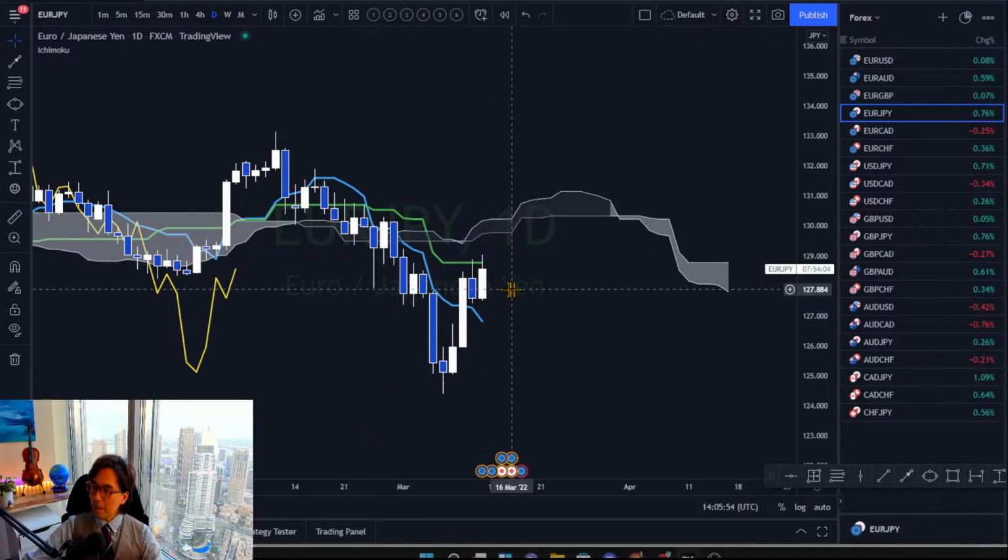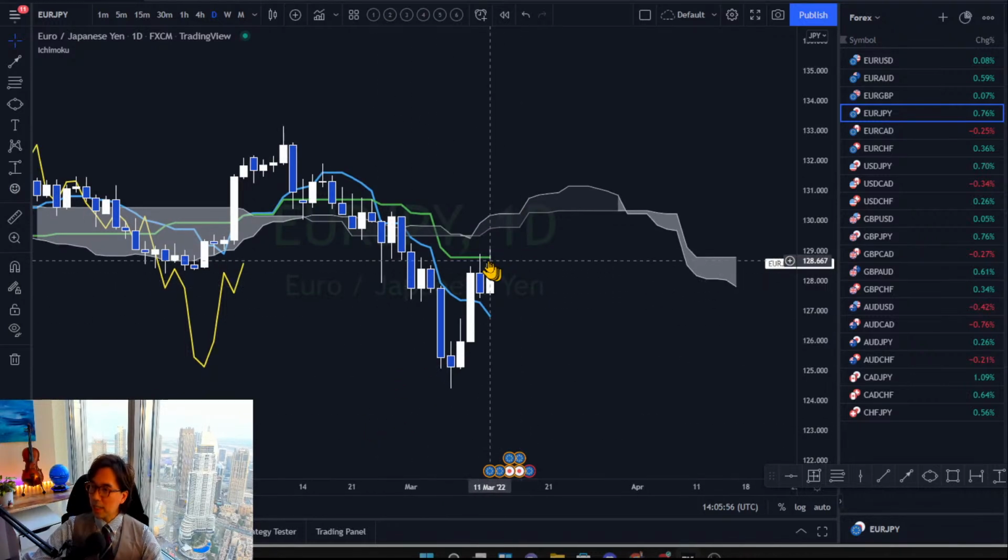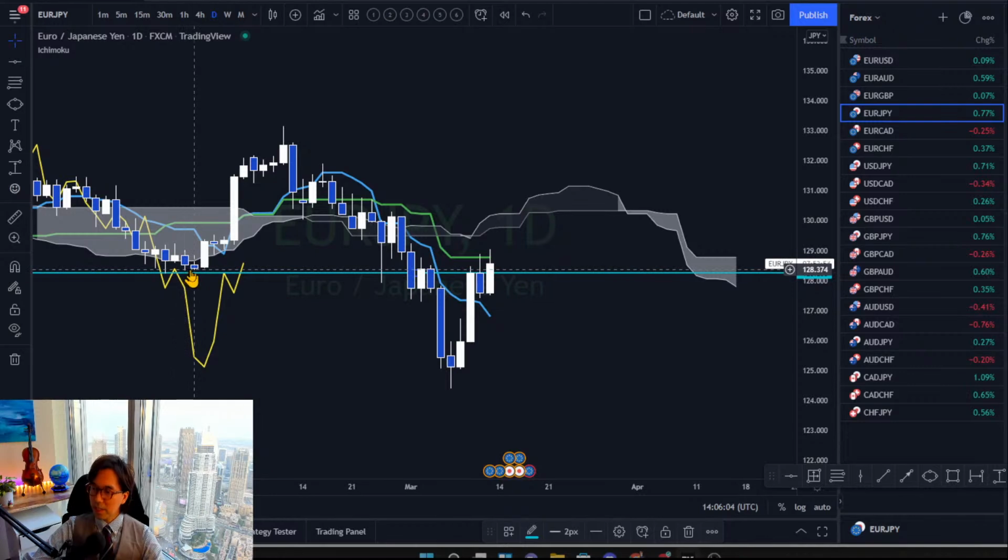So this is range, and this level is actually in between the Kijun Sen and also the previous support from January this year, which was 128.25. So around here, the market may be resisted and go down. If that's the case, I will be looking for the sell chance from next week. Otherwise, I will prefer to stay away.